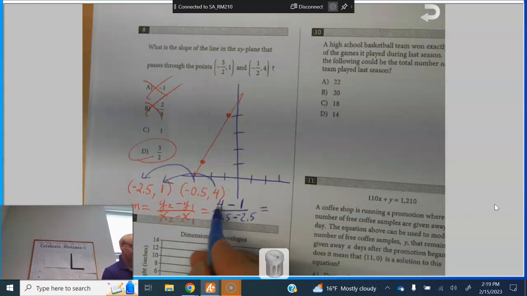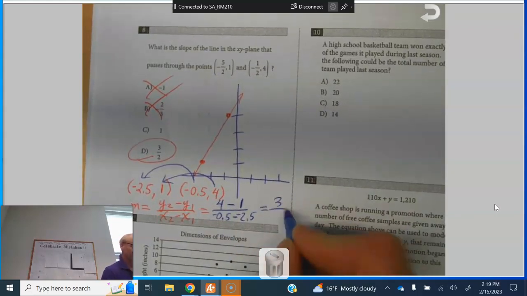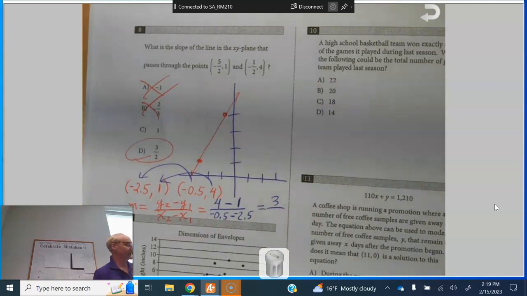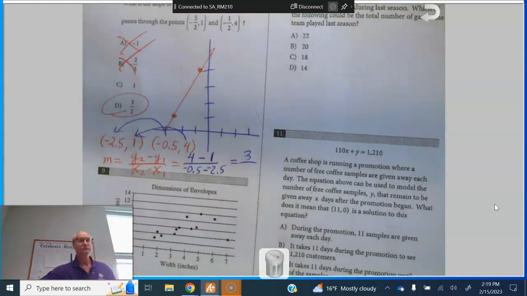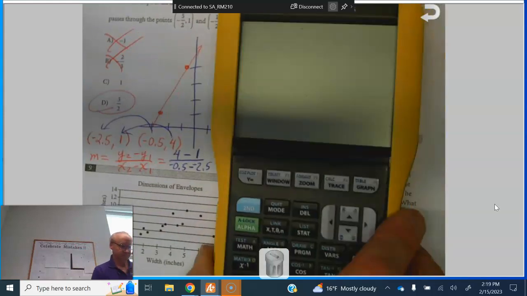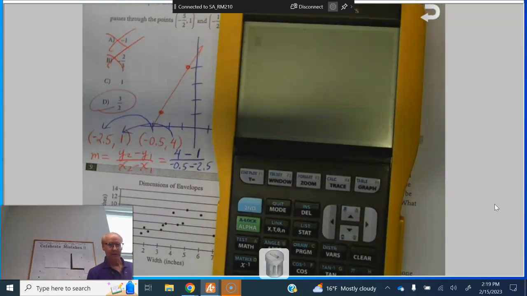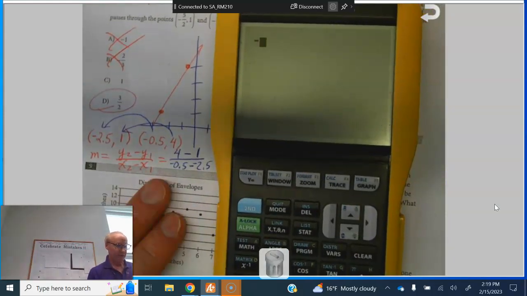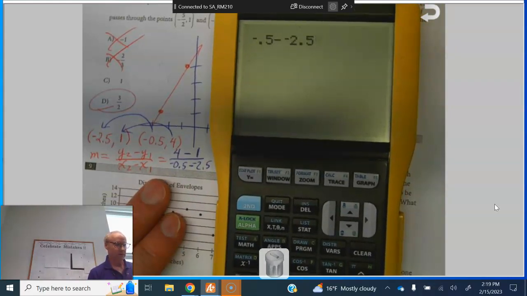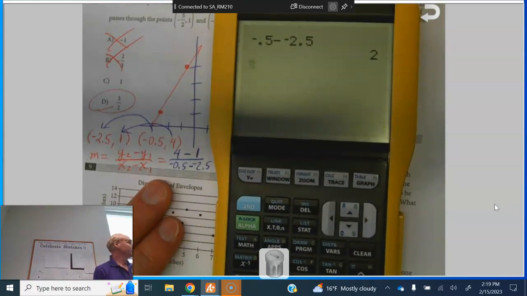I'm guessing you can probably take 4 minus 1 with no trouble, but this one looks kind of tough. I'm going to use my calculator for it. And I'm going to put in -0.5 minus -2.5. And I get 2. By the way, you could have put your fractions in.